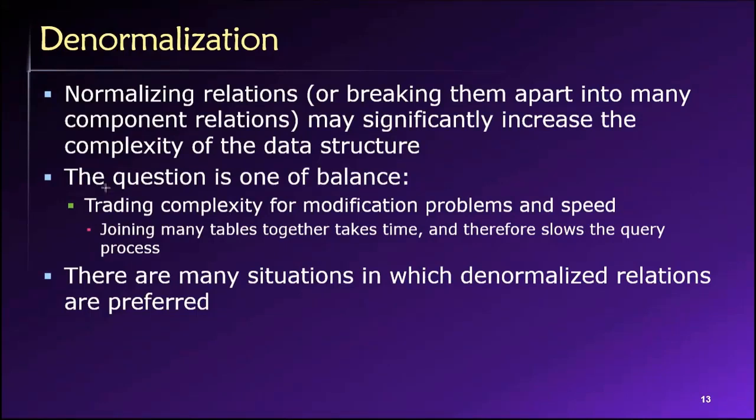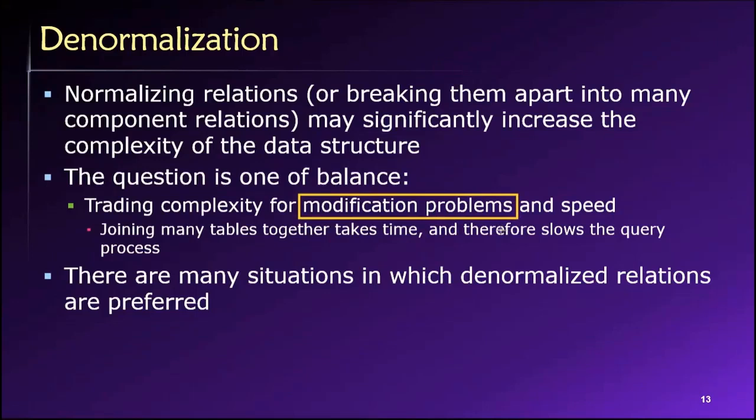So, as with most things, once we reach a certain level in the database world, there are trade-offs to be considered. When we fully normalize a database design, we are giving up simplicity in exchange for not having to worry about modification problems. I should say we were giving up simplicity and speed in exchange for not having to worry about modification problems.